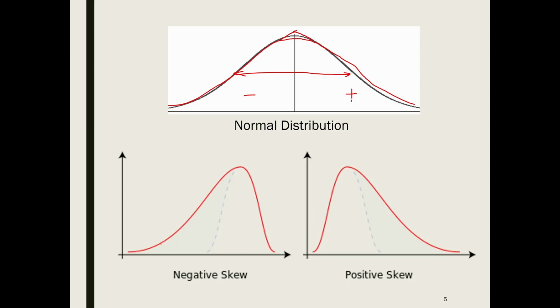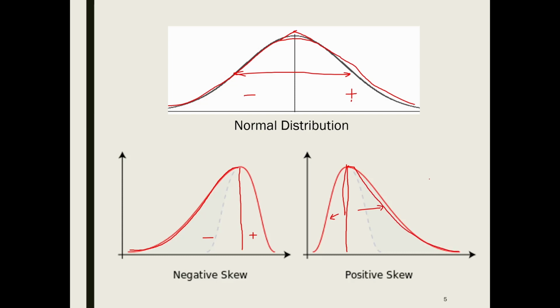For the negative skewed distribution, it's also a bell shape, but if you put a line in the middle, the left side, the negative side, is larger than the positive side. Most importantly, it has a long tail toward the negative side. If you take a look at the positive skewed, you put a line in the middle and you will see the right side is larger than the left side, and it has a long tail toward the positive side.